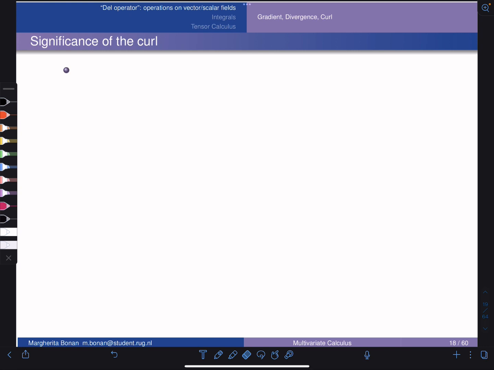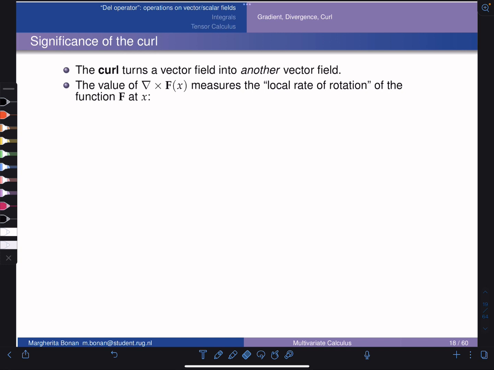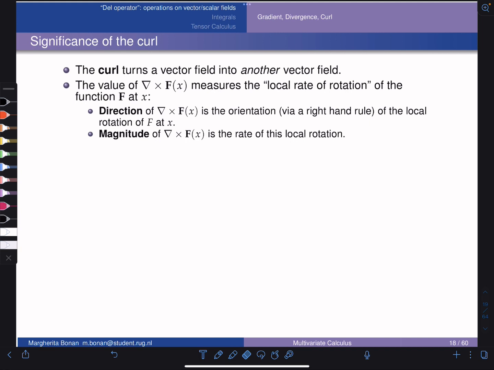This formula doesn't tell us so much, but we can have a little insight into the significance of the curl. The curl turns a vector field into another vector field, and the value of the curl of f measures the local rate of rotation of the function f at x. So the direction of the curl is the orientation via right-hand rule of the local rotation of f at x, while the magnitude is the rate of this local rotation.